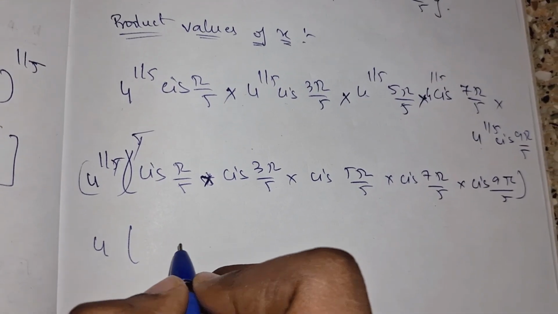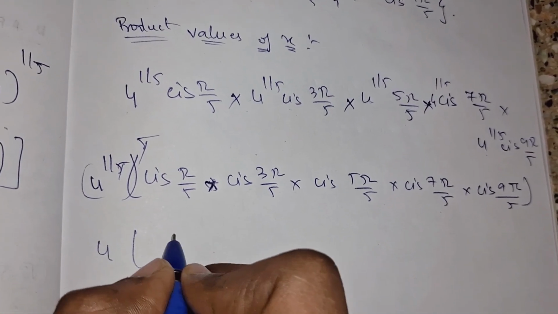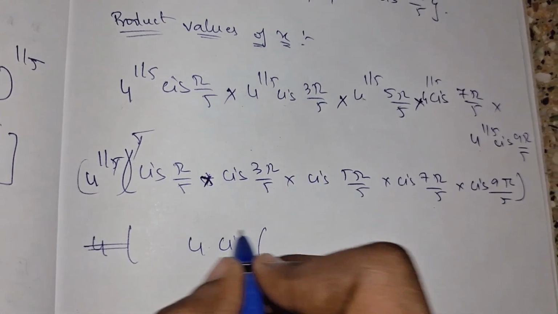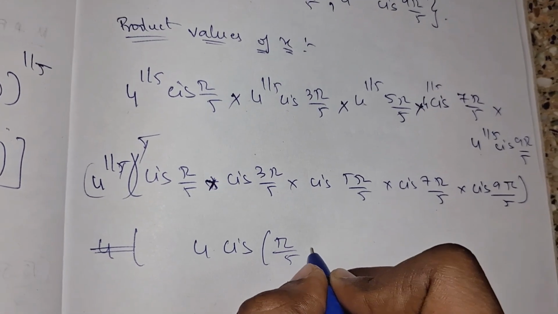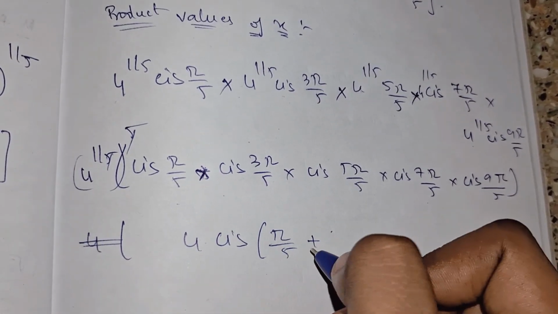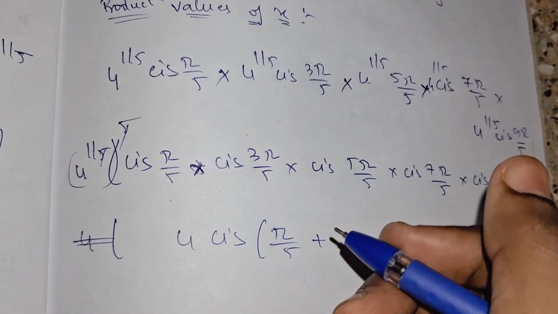This will be nothing but, I am again taking cis outside only. So if I take cis outside, I'll get 4 cis of pi by 5 plus 3 pi by 5, using cis a into cis b equals cis of a plus b, right?